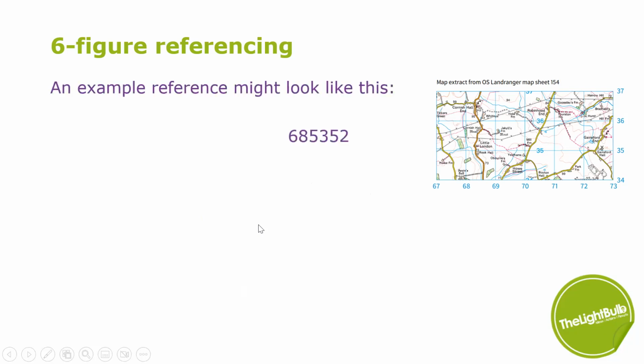Now, if we look for a reference using this style, this would be an example here, 685352. We can see straight away the brackets aren't used and the comma isn't there. So if you're asked to find this location on the map, you might be wondering how on earth it even relates to the map.